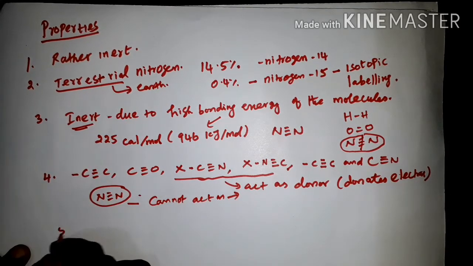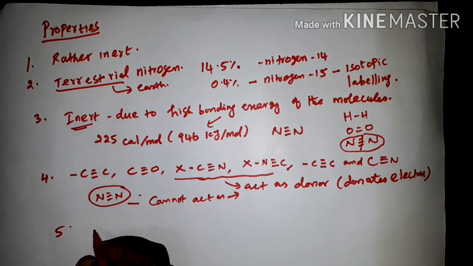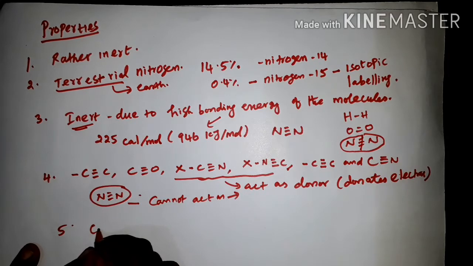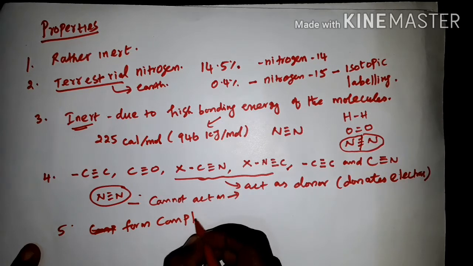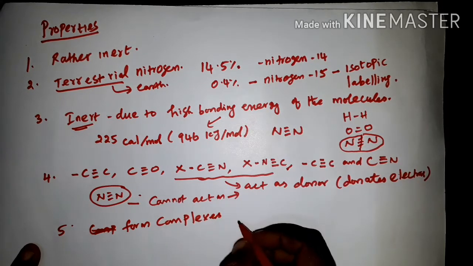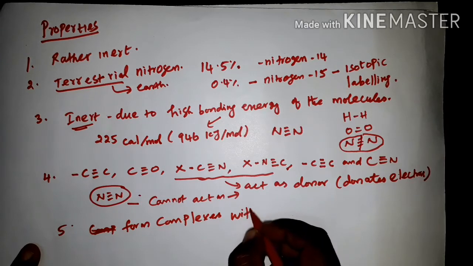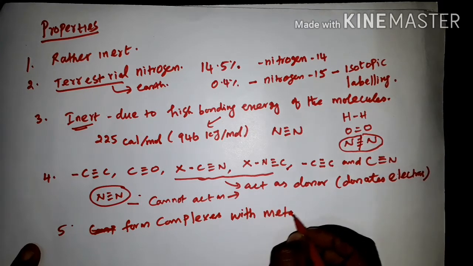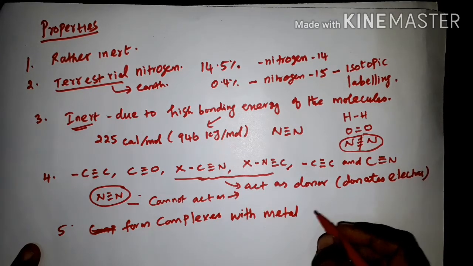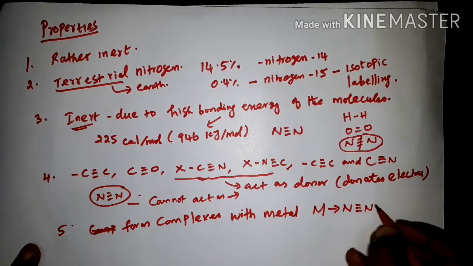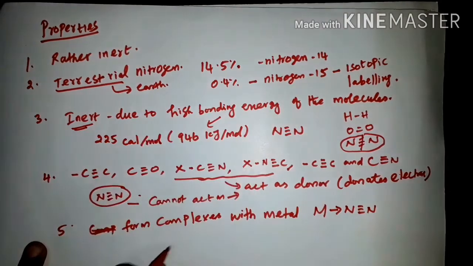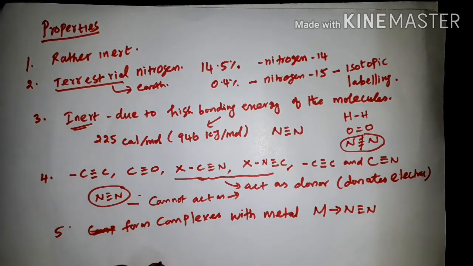However, this nitrogen can form complexes with metals. With metal, it forms like metal triple bond N. Okay. So these are the 5 important properties of nitrogen.